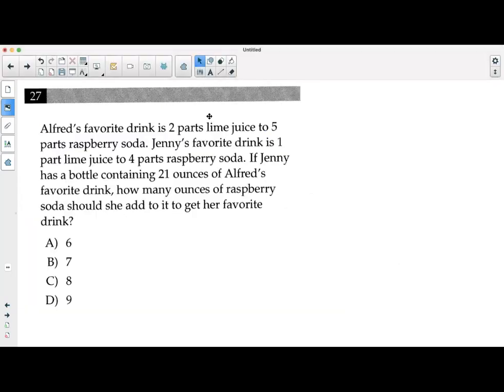All right. So number 27, it says Alfred's favorite drink is 2 parts of lime juice to 5 parts of raspberry soda. So lime juice and then raspberry, a 2 to 5 ratio. Jenny's favorite drink is 1 part lime juice and 4 parts raspberry soda.